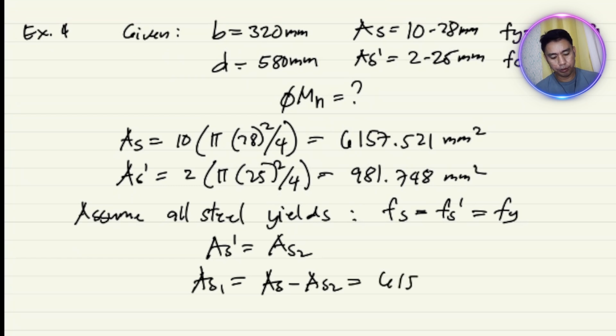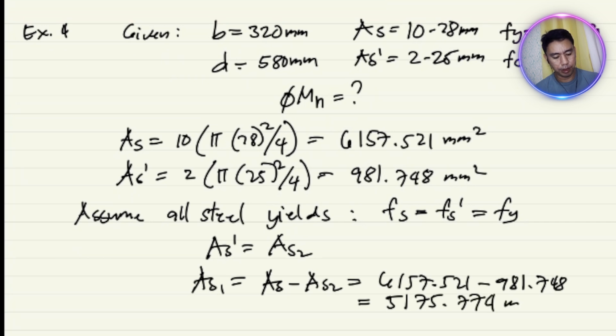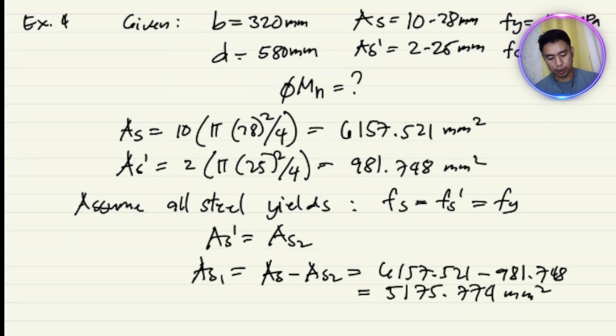This is 6157.521 minus 981.748, which is equal to 5175.774 mm squared.